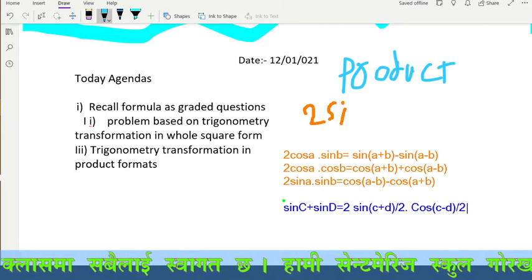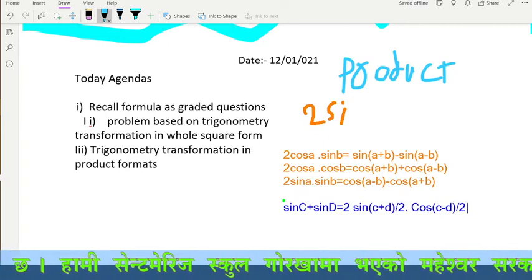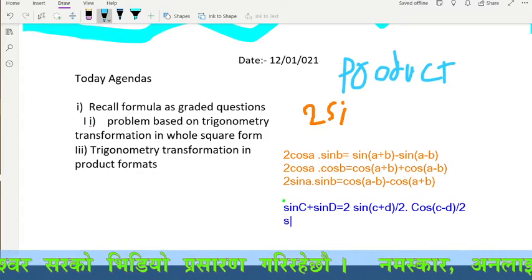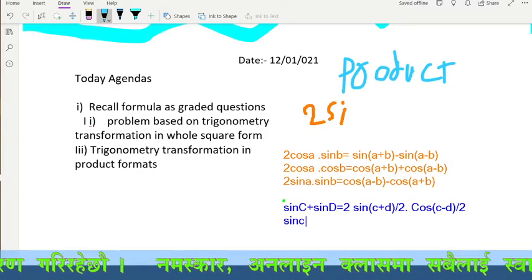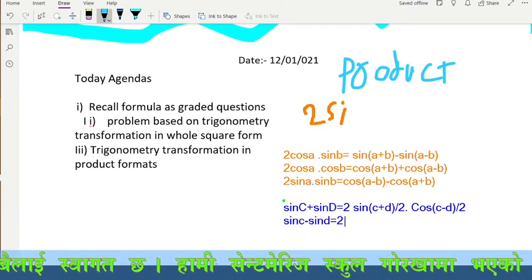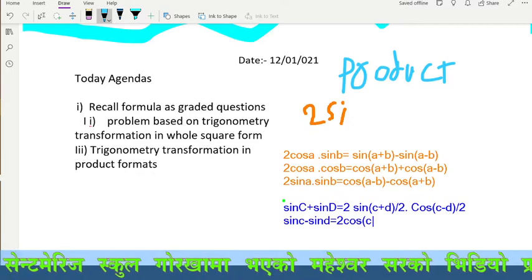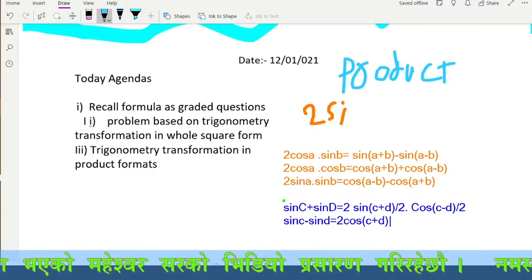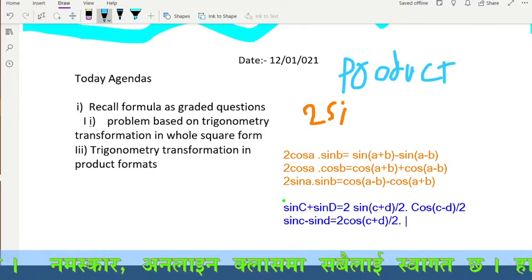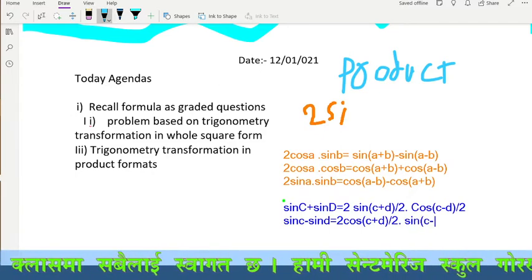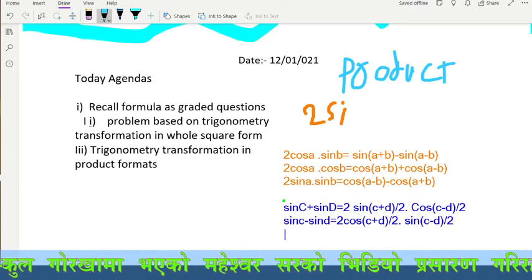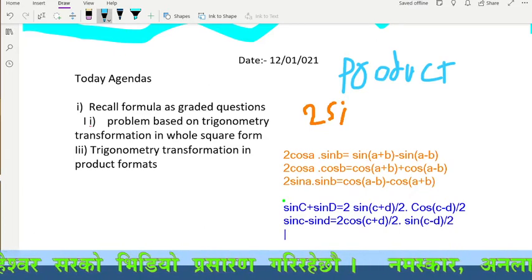Same way we have read for sin C minus sin D. Sin C minus sin D equal to 2 times cos C plus D by 2 dot sin C minus D by 2. Right. So these 2 formulas are in sin format.